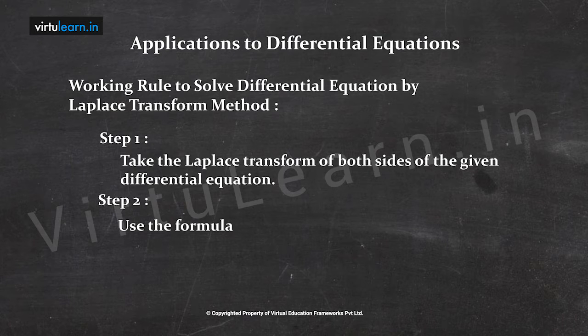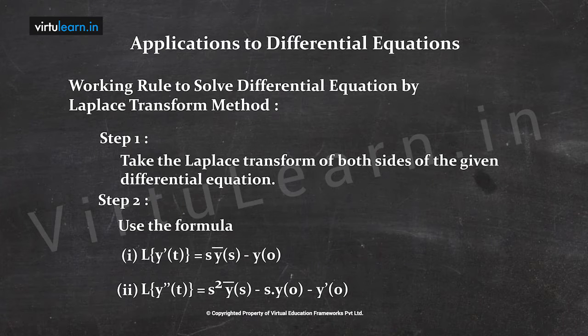Those formulas I will mention here. Laplace transform of y dash of t equals s into y bar of s minus y of 0. Second formula: Laplace transform of y double dash of t is s square y bar of s minus s into y of 0 minus y dash of 0.